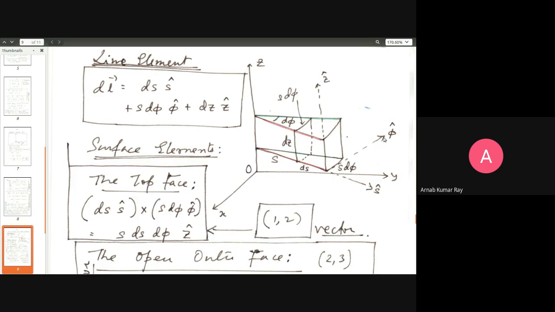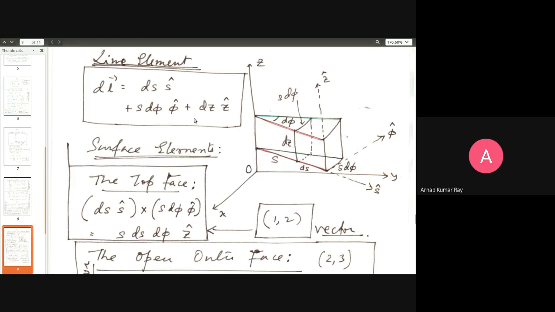So S d phi is pointing in the phi cap direction, ds is pointing in the s cap direction, and dz, which is the upward distance, this height is dz. It's the same here and here. So this height dz is in the vertical direction, z cap. This is the third line element.